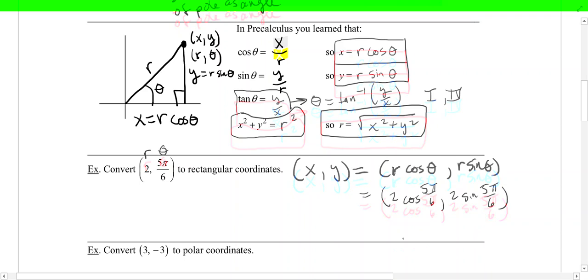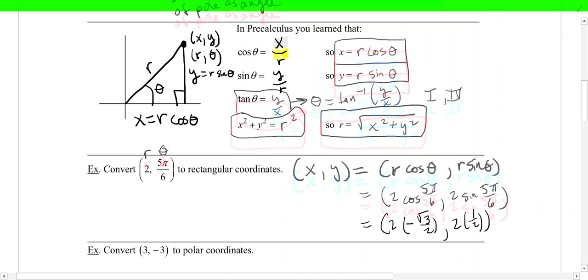And you have to know your unit circle. You have to have it memorized or know how to get these right. So the coordinate for this in terms of rectangular coordinates is going to be 2 times the cosine of 5 pi over 6. Well, 5 pi over 6, that's in the second quadrant. So I know cosine is negative because the x is negative in the second quadrant, and for 5 pi over 6, that's negative square root of 3 over 2. And this is going to become 2 times 1/2, because in the second quadrant, the y is positive.